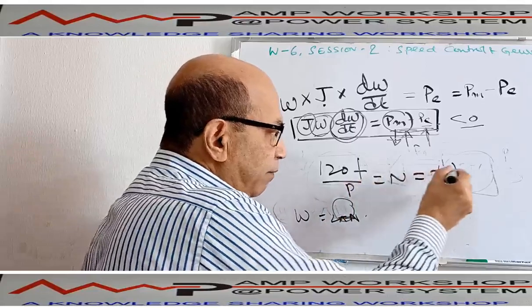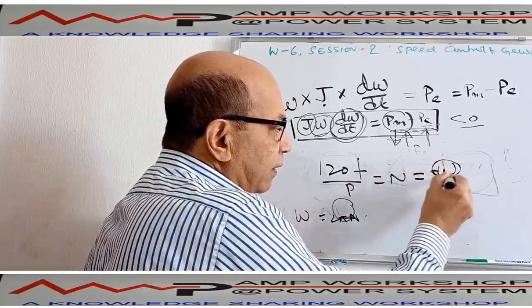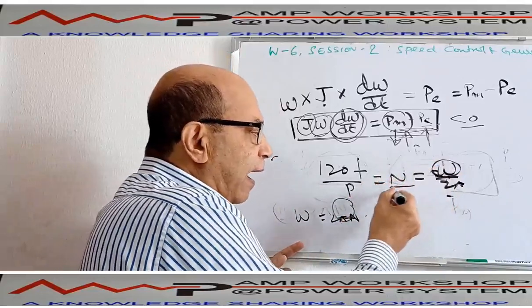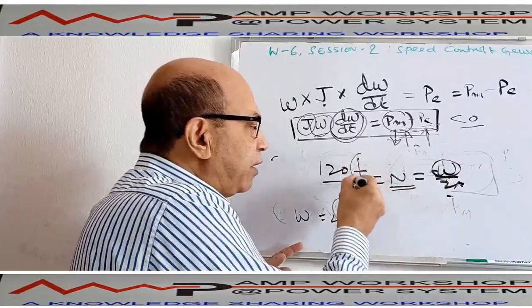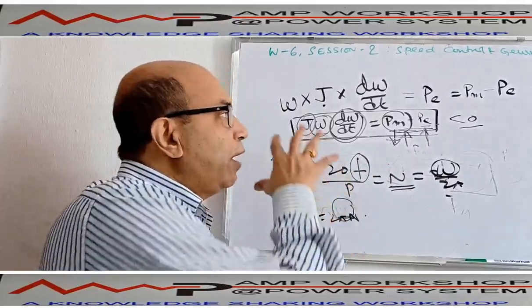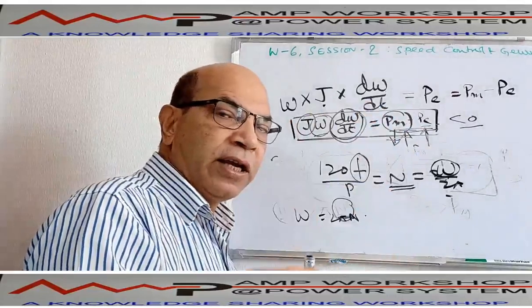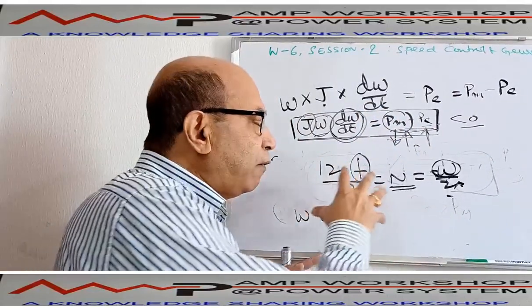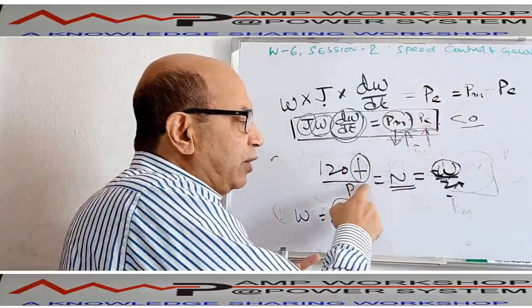The moment there is a d omega dt, immediately there is an RPM change, and RPM change means the frequency also changes. So ultimately, when the electrical loading increases more than the mechanical loading, the generator output voltage frequency will change.